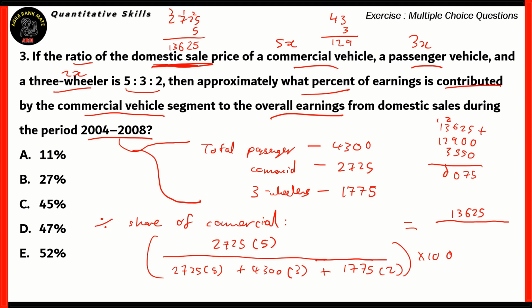And then the last value would be 3. So 30,075 was the total earnings, and 13625 was the earnings taken from the commercial segment. So this fraction is now multiplied by 100. So 13625 over 30,075.